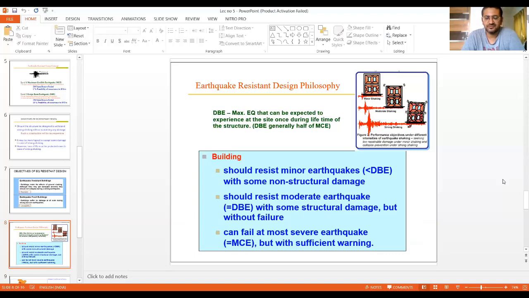But in that case also, the structure should not collapse without sufficient warning. That sufficient warning should be given so that people can be evacuated, and loss of life and loss of property can be reduced to a maximum extent. Right? So that is the basic design philosophy based on which the design of structures is proposed by IS 1893.